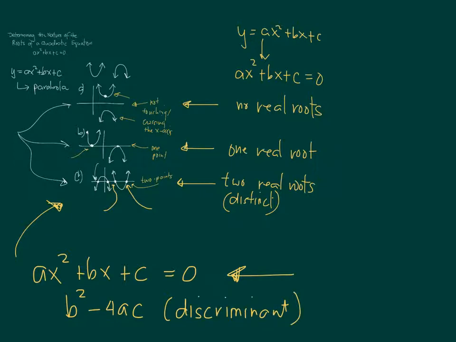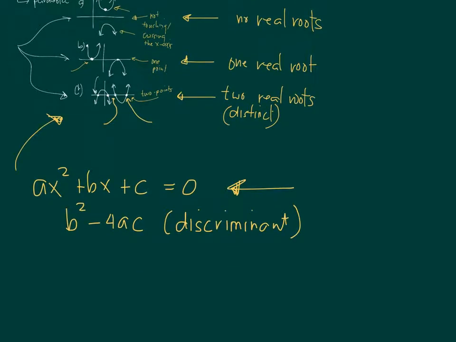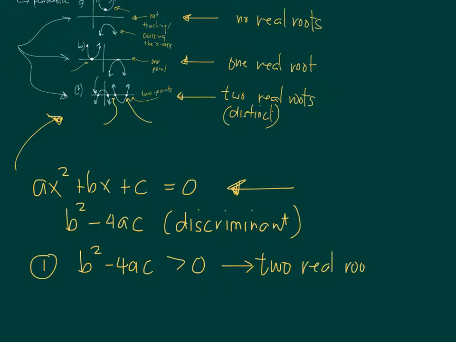Its value will determine the nature of the roots, and it will fall under three cases. First case, when b squared minus 4ac is a positive number, meaning greater than 0, the nature of the roots is that there are two real and distinct roots.